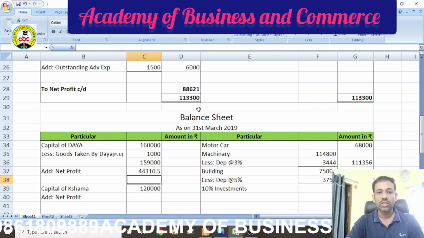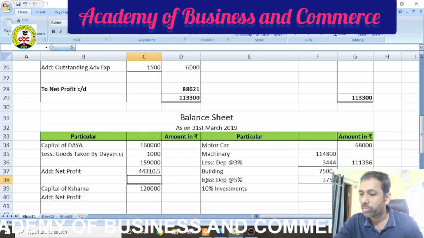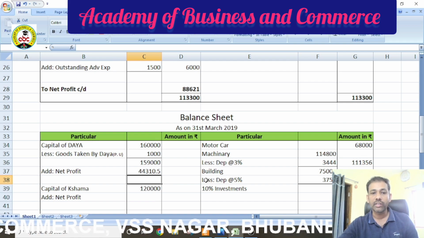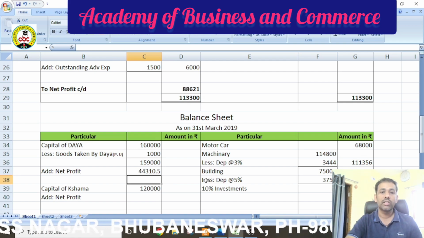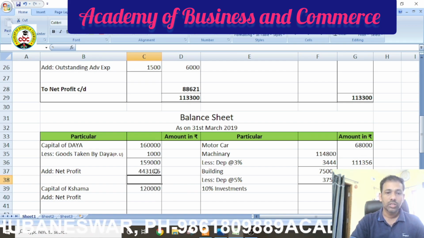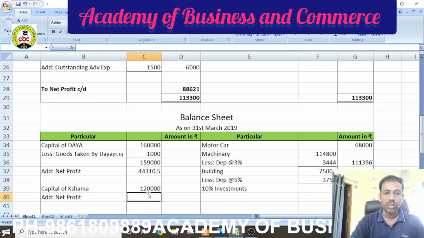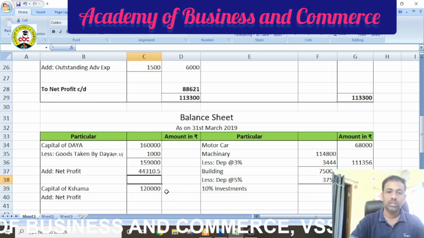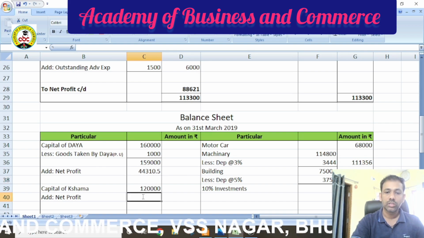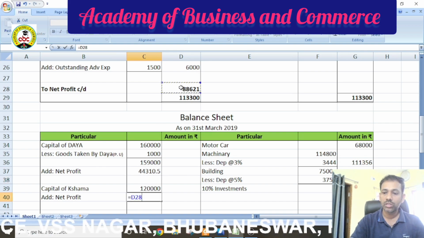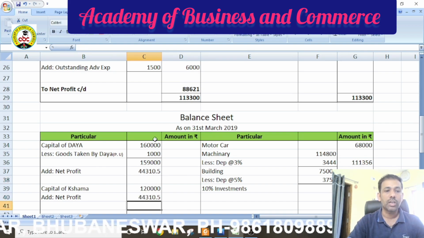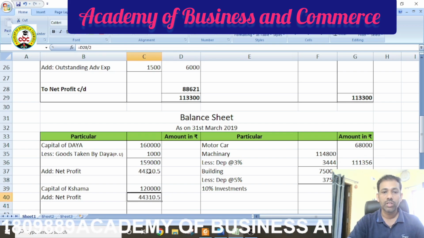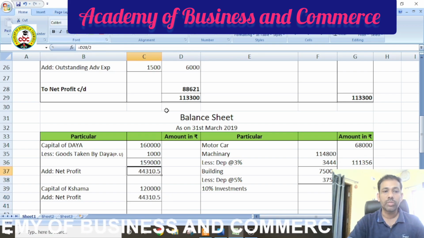That means 44,310 rupees 50 paisa is added with that. 44,310 is added with this, and another 50% you have to take here, divided by 2, another 50% added with Tasma, and find the result by adding in the outer column.